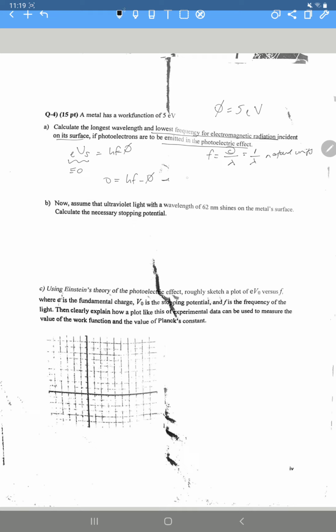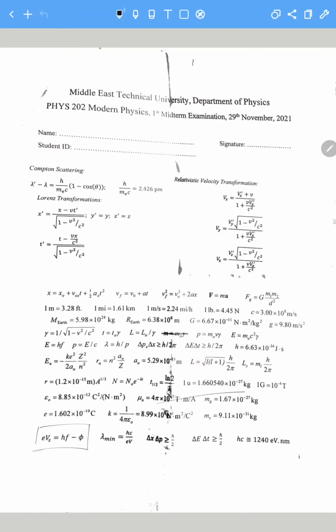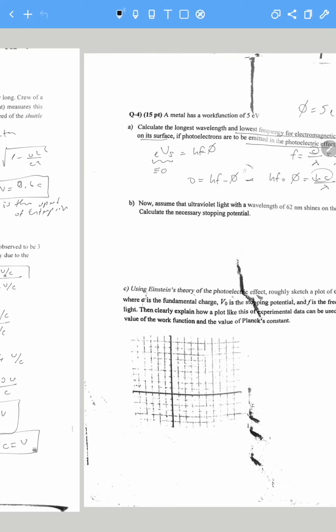Now that we have this relation, we just write f equals 0, and then we're just going to stick this in. And now this was in your front page. The approximation for this was given: electron volts nanometers over some wavelength equals 5 electron volts.